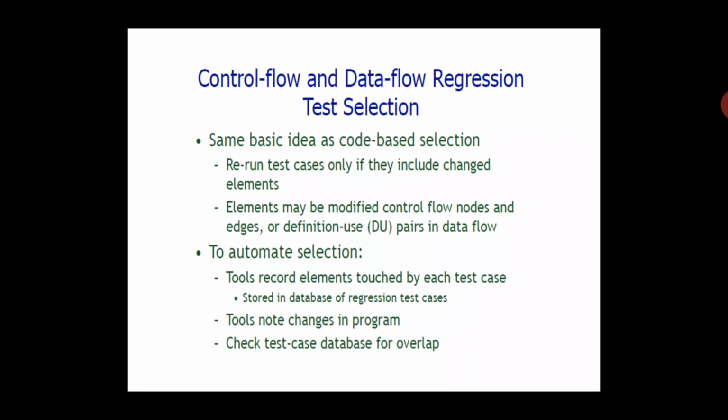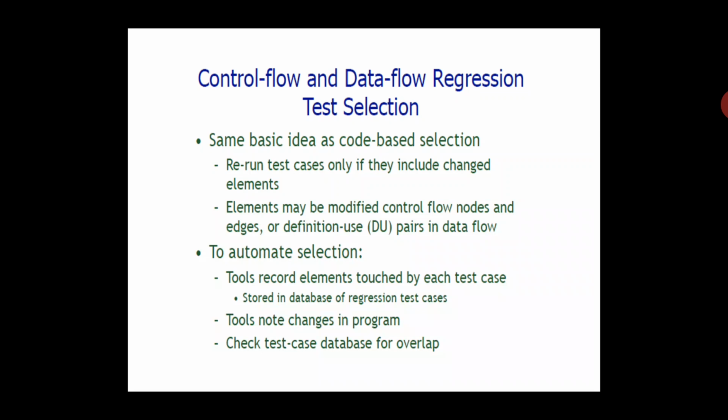If you need to know the difference between code based and control flow data flow graph: in code based we concentrate only on the code, whereas in control flow data flow graph, we concentrate on the graph data. For example, the definition use pair, where exactly we made changes in defining the node or defining some variables or using those variables. It is related to control flow and data flow regression testing.